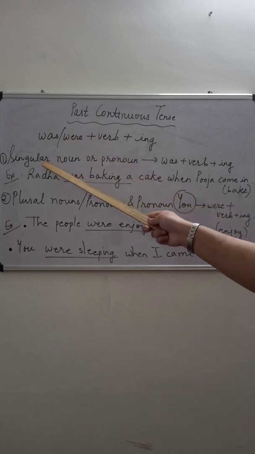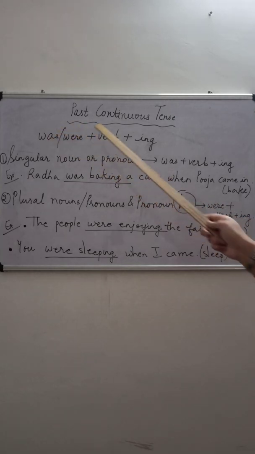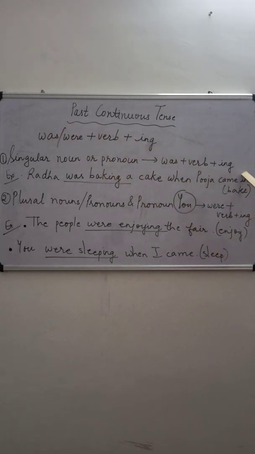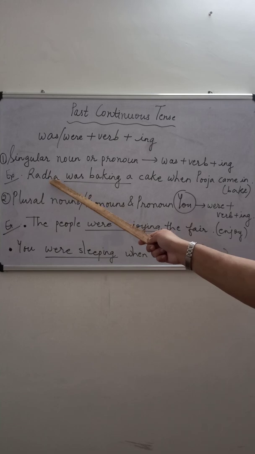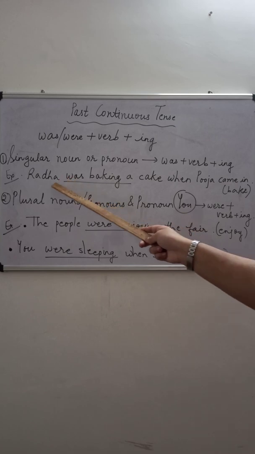So in case of a singular noun or pronoun, we use was plus verb plus ing to express the past continuous tense. For example, see, Radha was baking a cake when Pooja came in. We have to write the past continuous tense form of the verb bake. So here we are talking about only one person. We are talking about a singular noun.